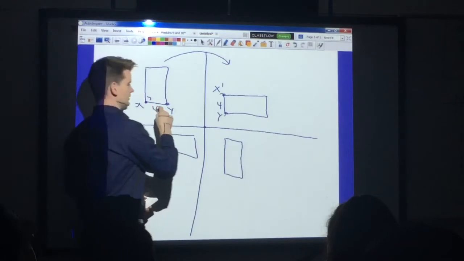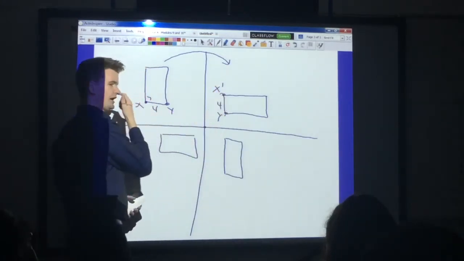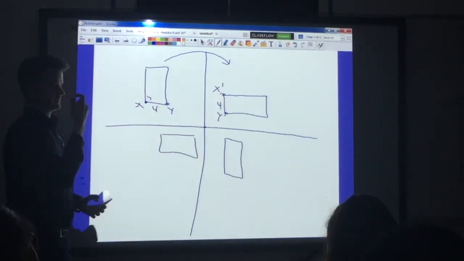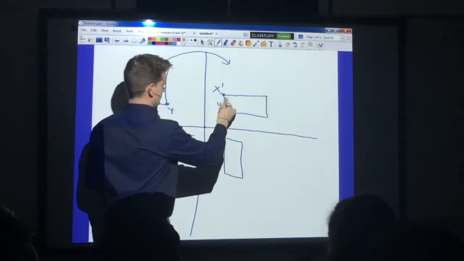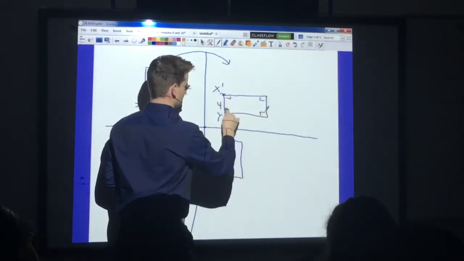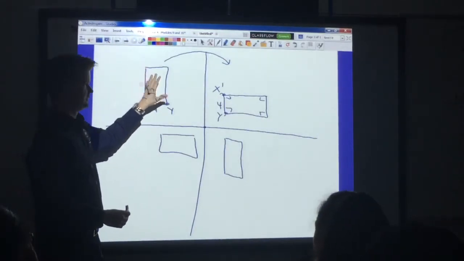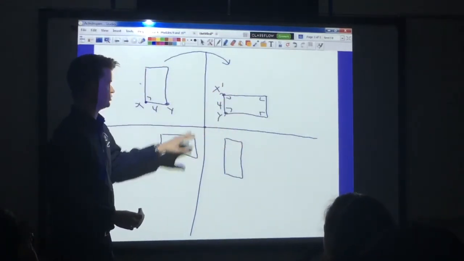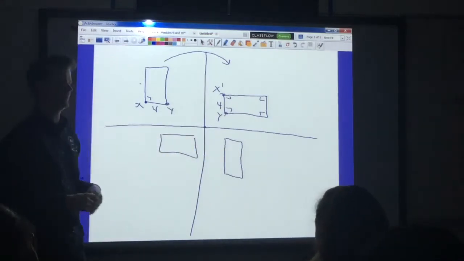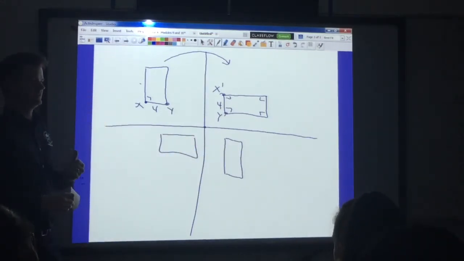So if it's 90 degrees here, what angle here is congruent to x? X prime. And it'd be the same thing, 90 degrees, 90 degrees, and so forth. You get the idea. As we go from pre-image to the image to another image, we go from prime to double prime to triple prime. All the lines remain the same length. All the angles are congruent, all the lines are congruent.